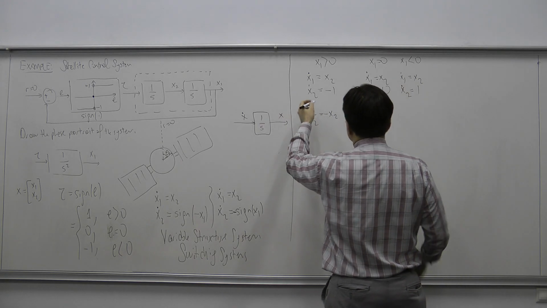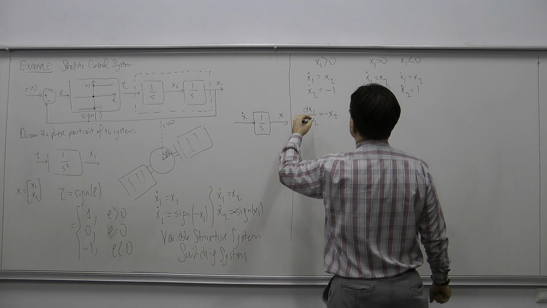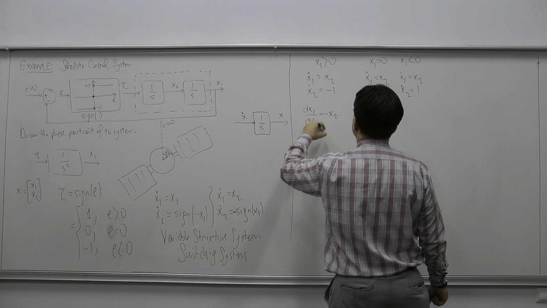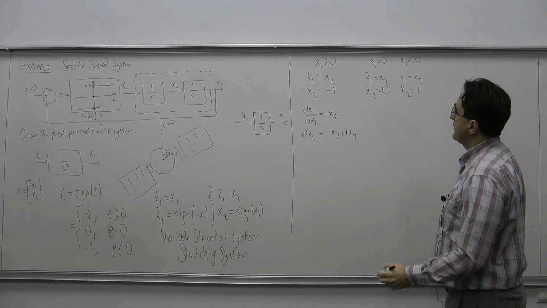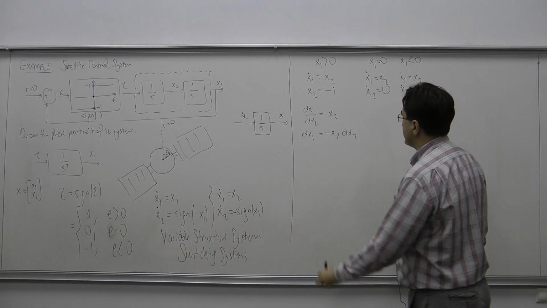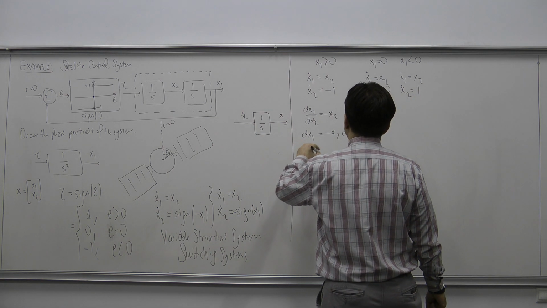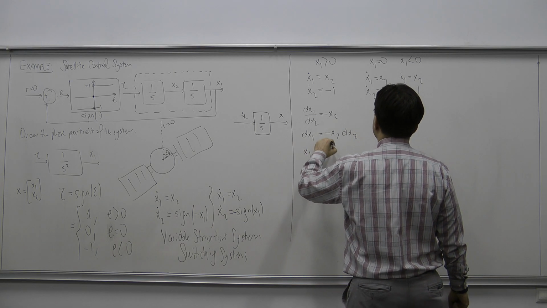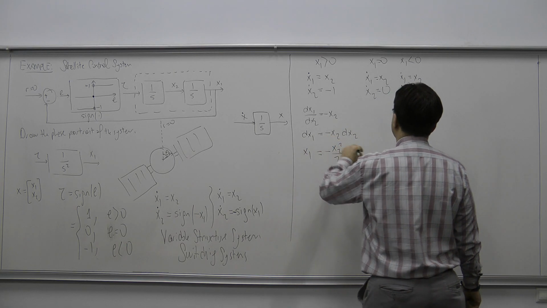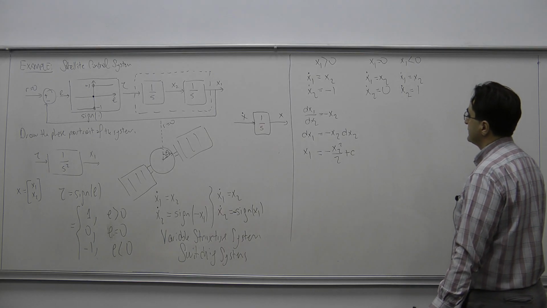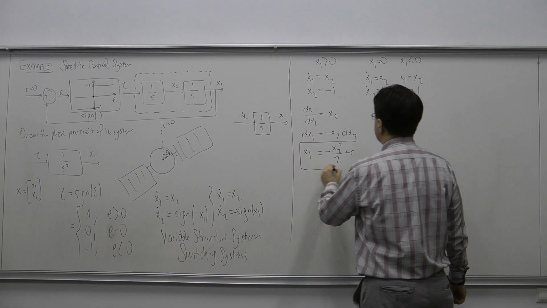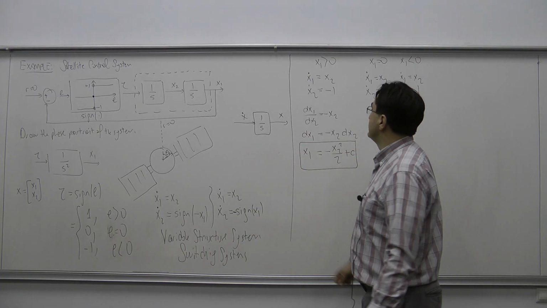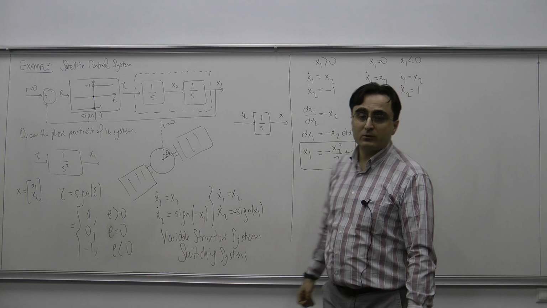In this case, I can write this equation as dx1 is equal to minus x2 dx2, okay? And I can integrate both sides, which is going to give me x1 is equal to minus x2 squared over 2 plus c, all right? And this is going to be the trajectories in this region, x1 equals to 0.